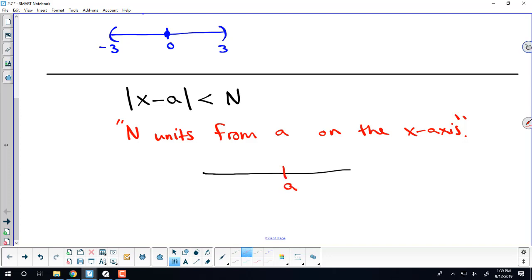So here's the x-axis, here's a. We are n units to the left of a, or we're n units to the right of a.